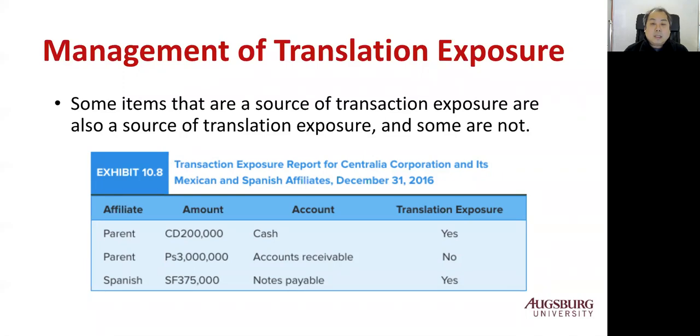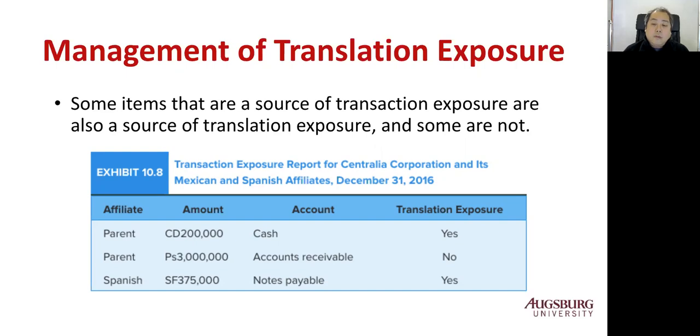That's basically what creates the transaction exposure that we learned last class. And from this table, we can see that the parent firm has two sources of transaction exposure: cash and a receivable, right?